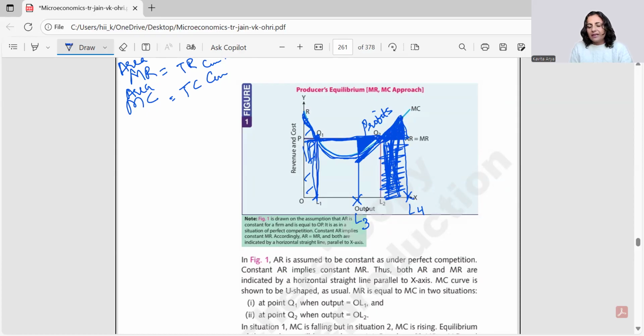This dark area represents the losses. So the point is, if he doesn't stop at L2 and continues till L4, he would eventually decrease his profits by adding negative profits, or losses. Hence, his right level of production, which gives him maximum satisfaction and maximum profits, is till L2.